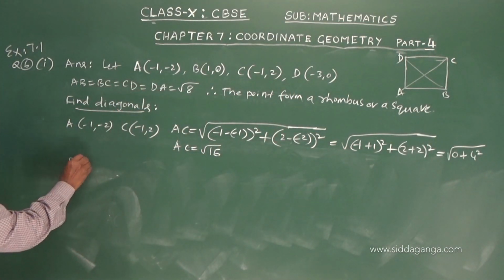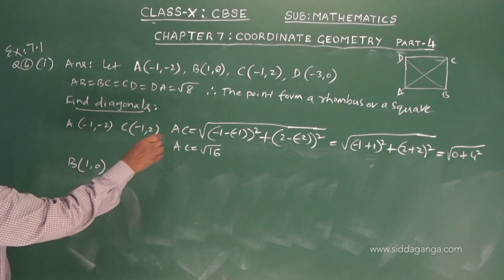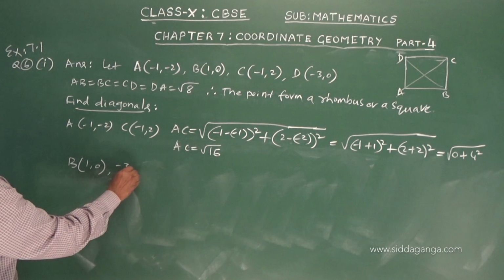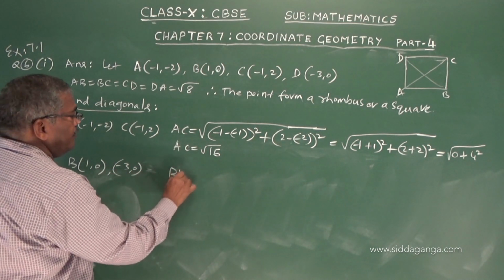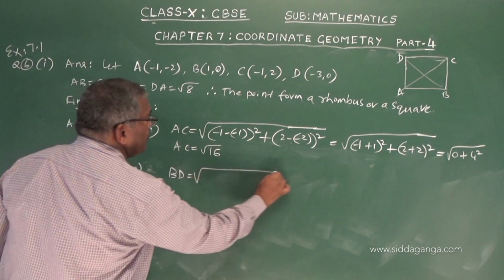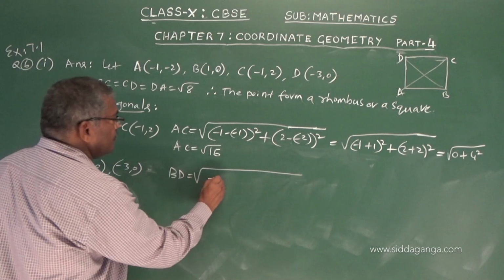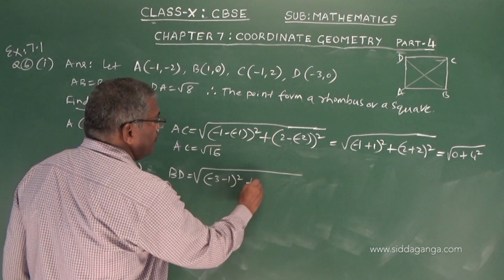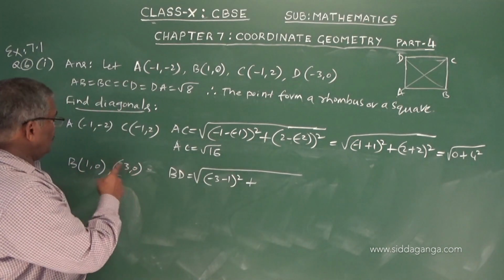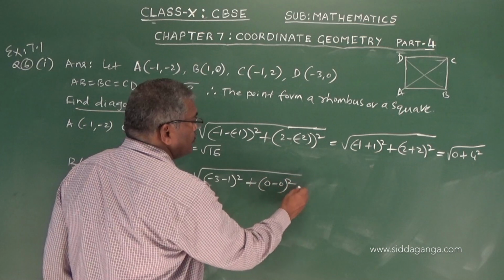You have found one diagonal, now find the other diagonal BD. Point B is (1, 0) and D is (-3, 0). So BD equals square root of x2 minus x1, minus 3 minus 1 whole square, plus 0 minus 0 whole square.